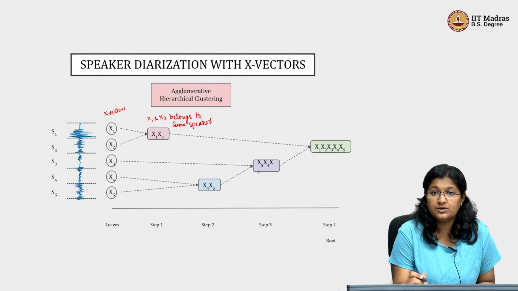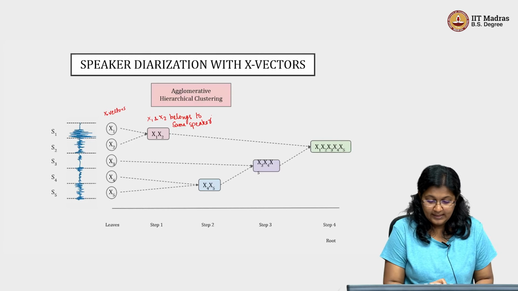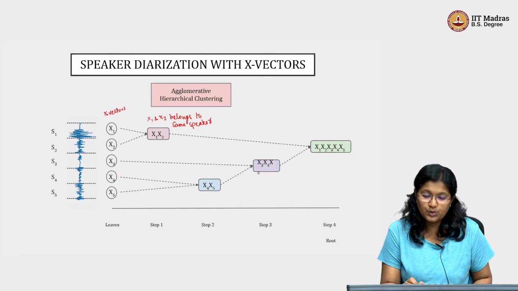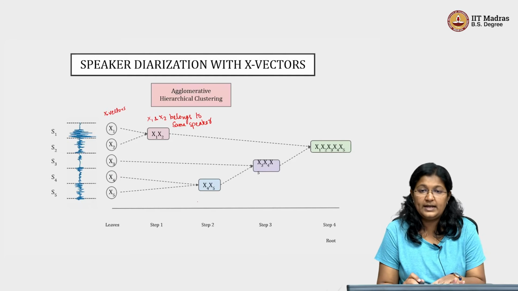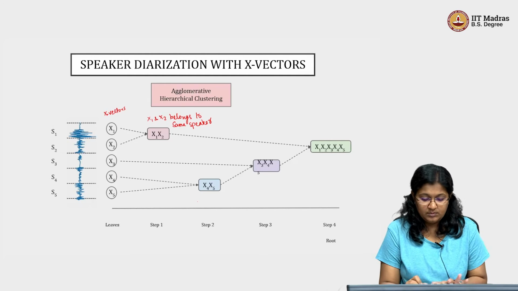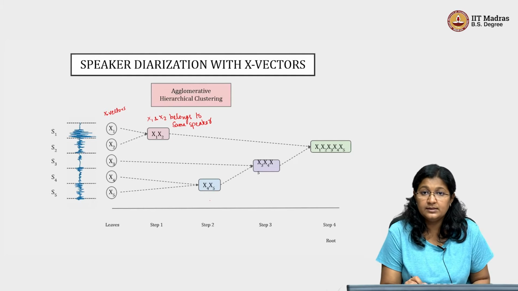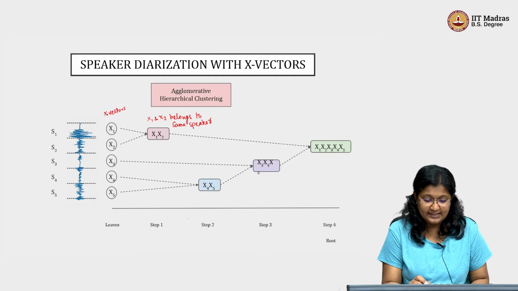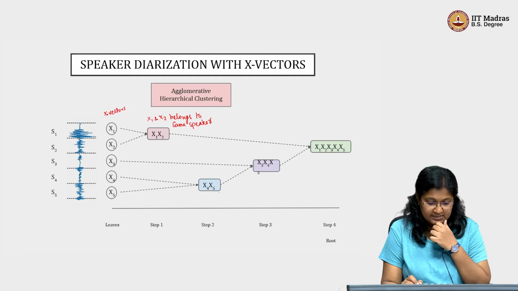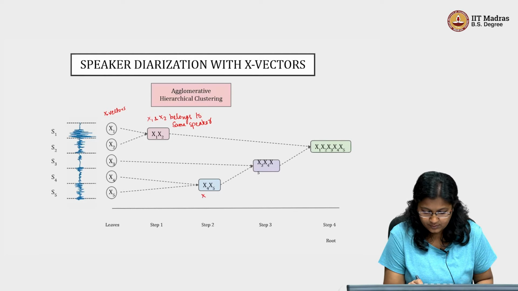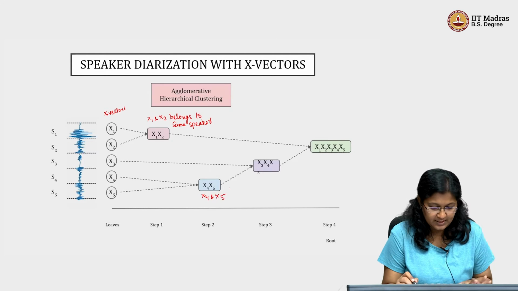Okay, this is an assumption. Okay, and it's also seen that X4 and X5 are also closer. Okay, but not as close as X1 and X2, but they are still closer. So in the second step, you will combine X4 and X5 and say that segments S4 and S5 belong to the same speaker. Okay, X4 and X5, which actually means segments S4 and S5 belong to the same speaker.